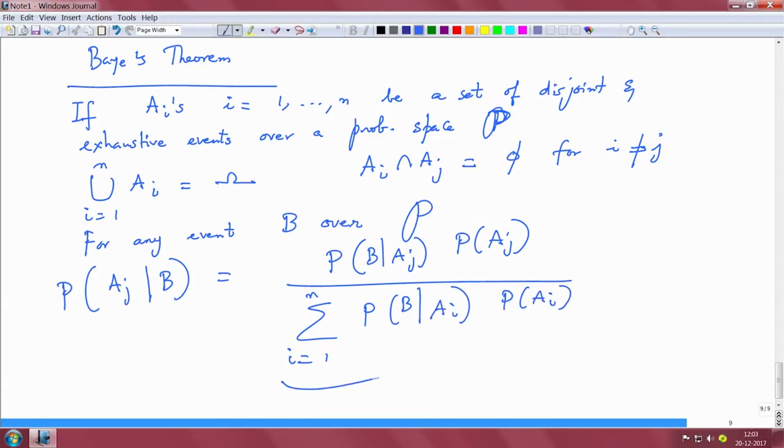So, this is basically probability of B, and we have expressed the joint probability of A_j and B in two different ways using the Bayes theorem. The proof is pretty straightforward from the basic definition of conditional probability, and I will leave this as an exercise for you to ponder about.